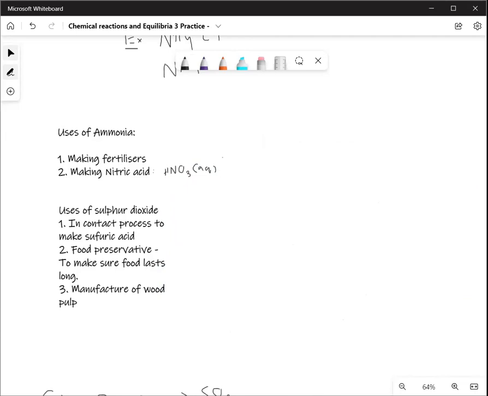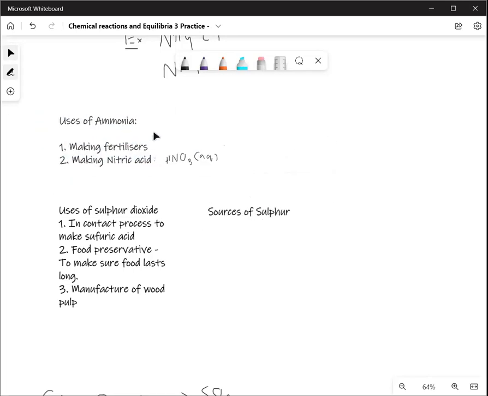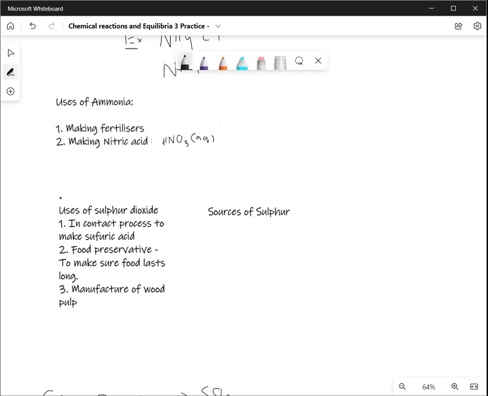That's good. Now let me see if there's anything else. One more thing you should write is sources of sulfur. Now you should realize that this right here is about the contact process. So give the heading contact process on top of these two.